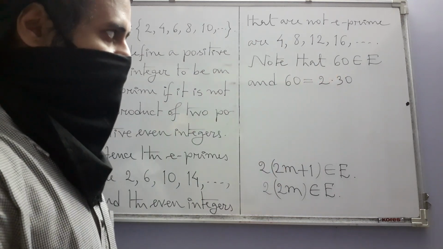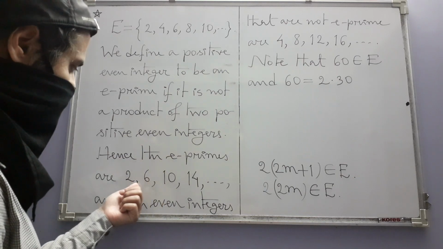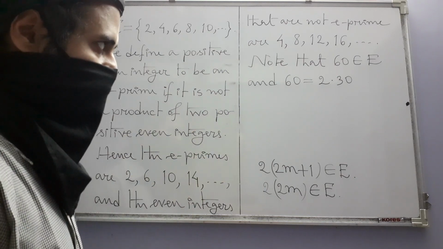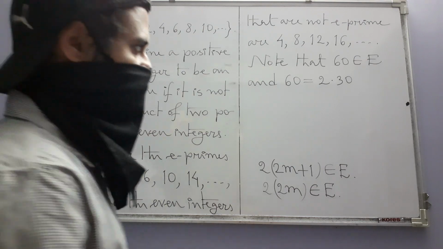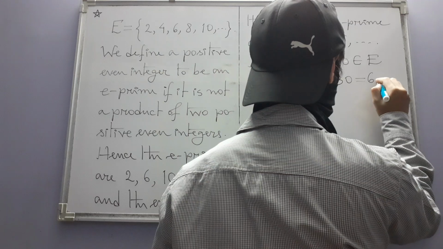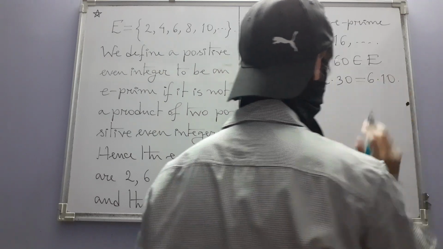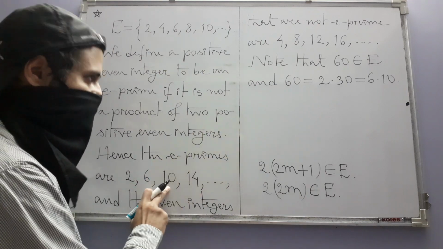Are 2 and 30 both E primes? 2 is an E prime that we have written here. 30 is an E prime because it's an odd multiple of 2. But at the same time, we have this factorization also. 6 is an E prime and so is 10.